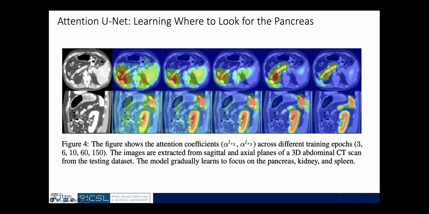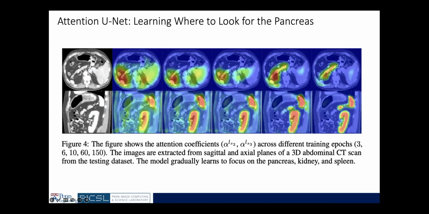What I want to show you over here is, taking from left to right, our task is to segment the pancreas, the kidneys, and the spleen in these images. So we are interested in three structures: pancreas, kidney, and spleen.